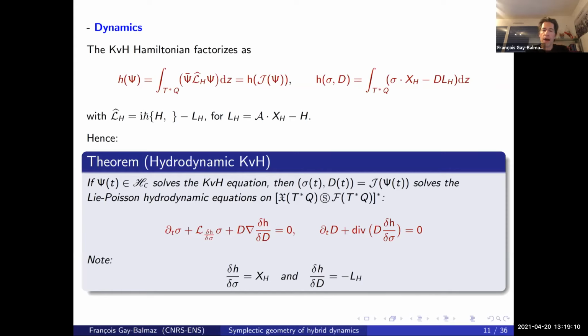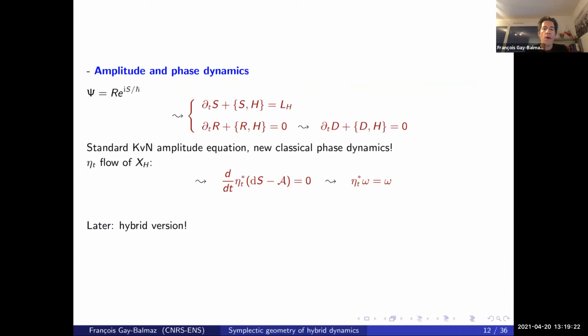Okay, so as I said, these momentum maps help us understand the hydrodynamic formulation of this KVH classical equation. Also, I rewrote them in terms of phase and amplitude in order for you to see the difference with what you would get if you did the same thing for the KVN classical equations.